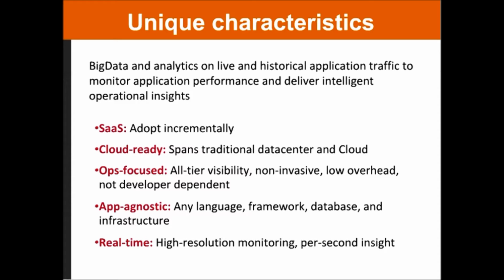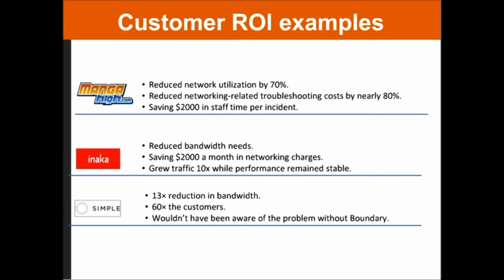And then with this one here, these slides pretty much speak for themselves. The underlying theme with what you're seeing here is cost savings. Each of these points here, we can see Mega, High, Okta, and Simple. With each of these points, you can see Boundary helps users gain new insight into their infrastructure, allowing them to make more informed decisions when it comes time to adding new components.